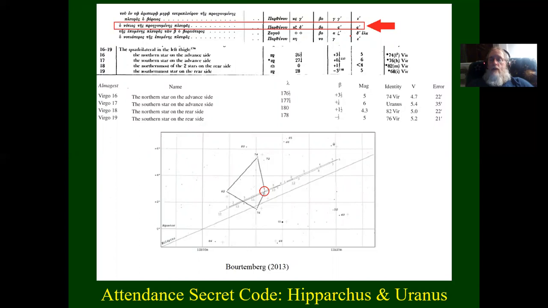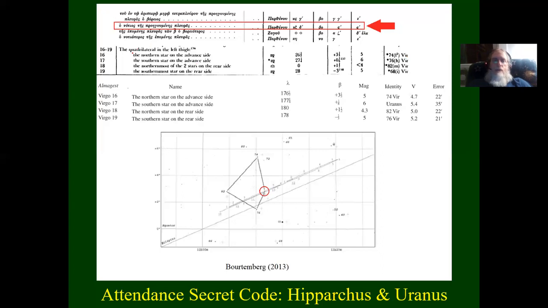It was the observations done by Hipparchus in the 2nd century BC, so about 300 years before Ptolemy. Ptolemy just basically republished it. And then there's an English translation of this list of 4 stars, all in the constellation Virgo, and which stars a modern designation has been identified with.